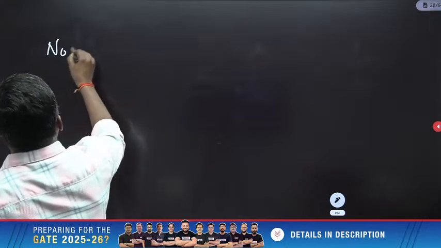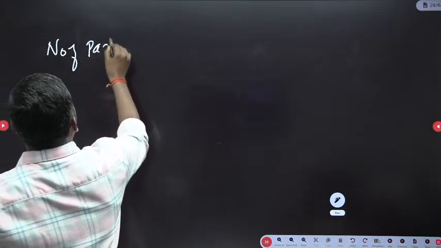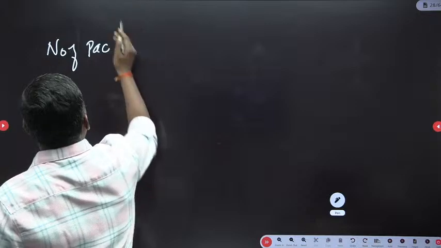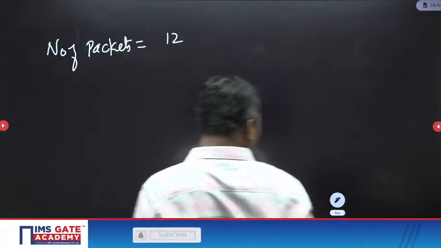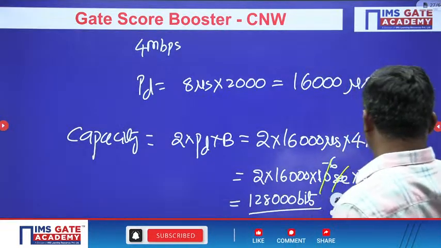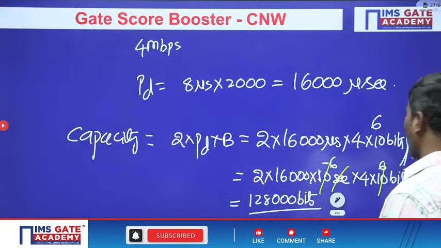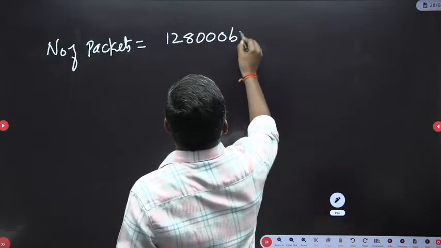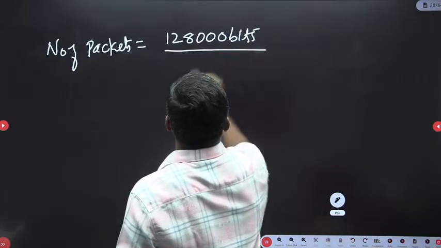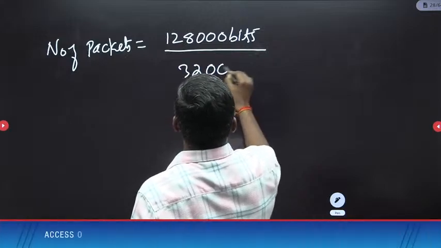3200 bits. So now I can write the number of packets: number of packets equal to 128,000 bits divided by 3200 bits.